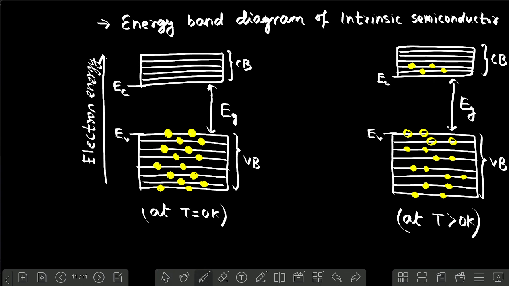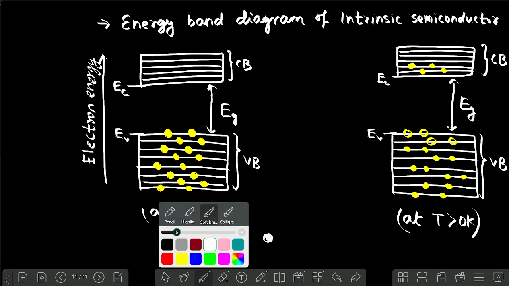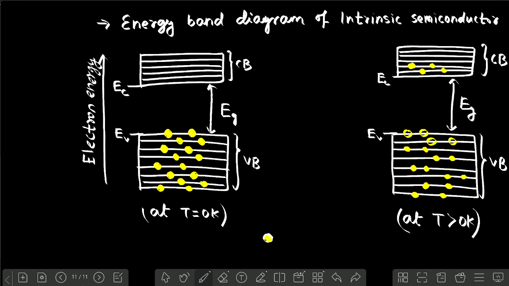You write here, whatever dot in yellow color I have drawn here, this represents basically electrons. And this one represents what basically? A hole. This is a hole, that is an electron. A solid circular dot is an electron, a hollow circle is a hole.